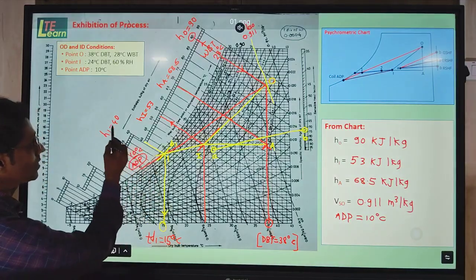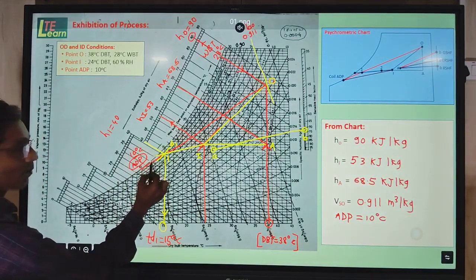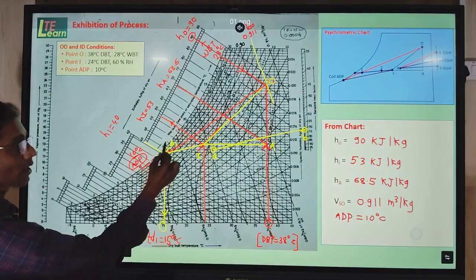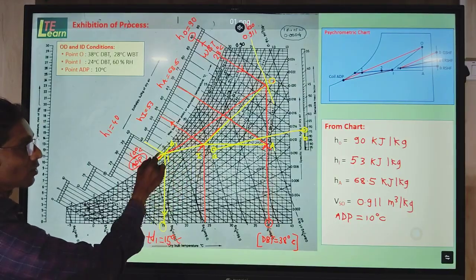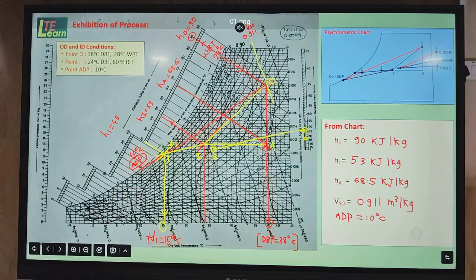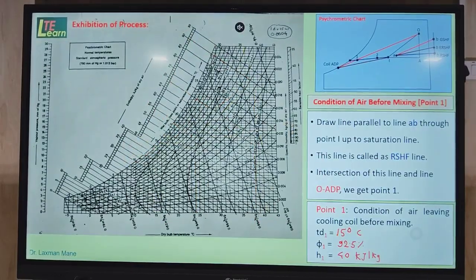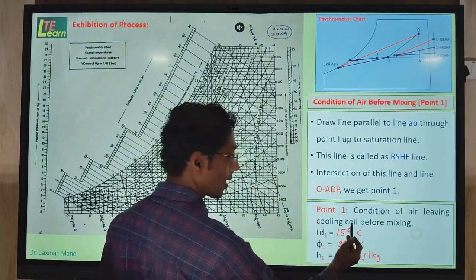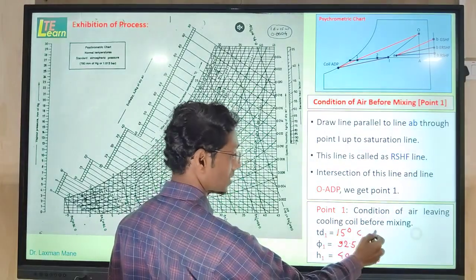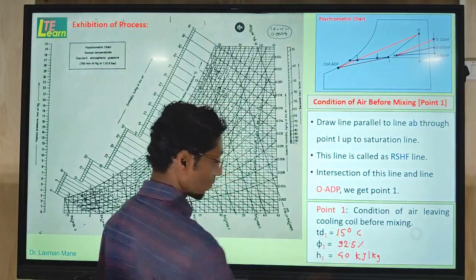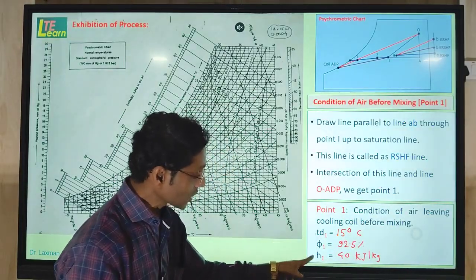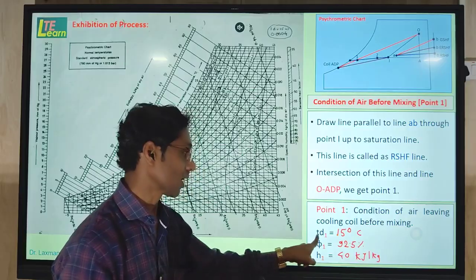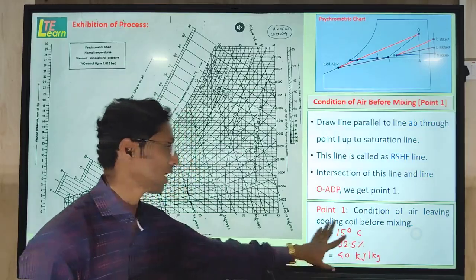On projecting to the enthalpy scale, we find the enthalpy, and by following the curve parallel to the saturation line, we find the relative humidity. These three values we put in the condition of point 1. So point 1 is the condition of air leaving the cooling coil, before the mixing chamber. We find the condition of the point from the psychrometric chart: TD1, Phi1 and H1. These values we write.